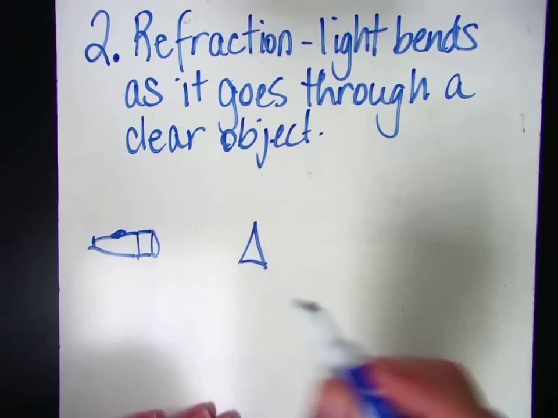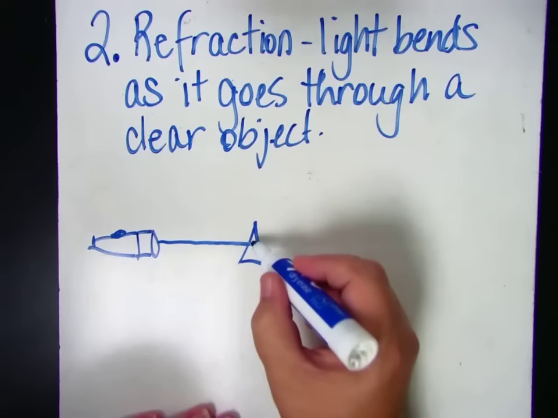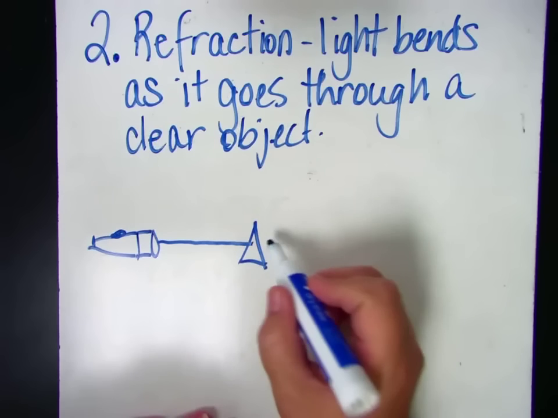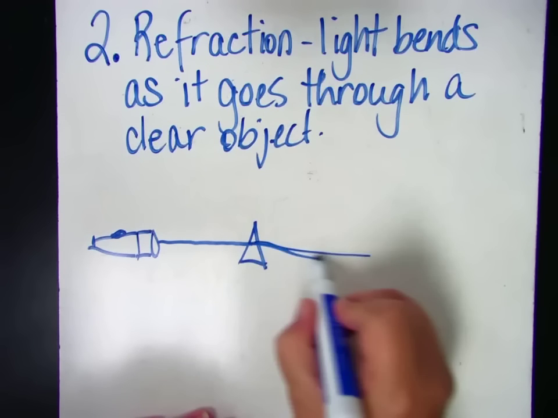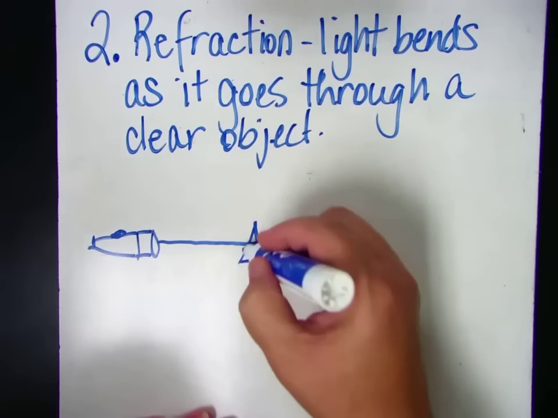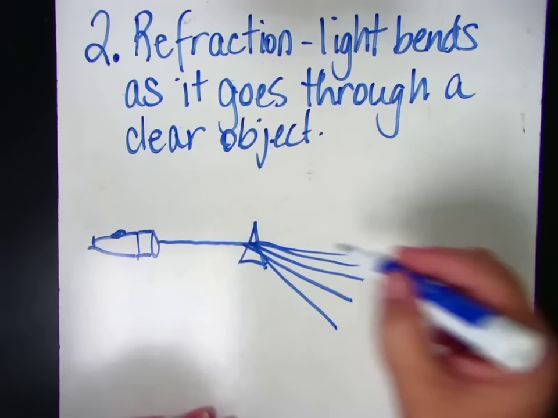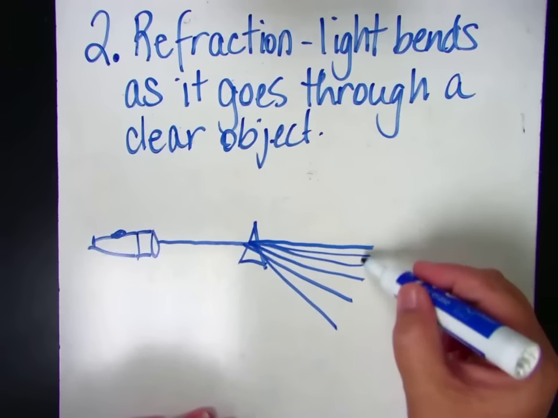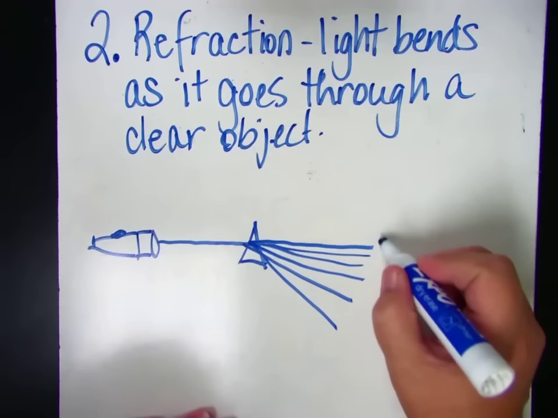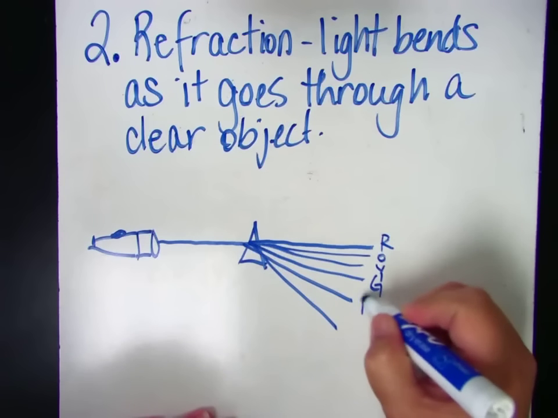So here comes our light traveling in a straight line, and as soon as it hit the prism, if you remember, we had a rainbow of light. And if you recall, what I told you is that the white light that came in gets bent and it separates into its color wavelength of red, orange, yellow, green, blue, and violet.